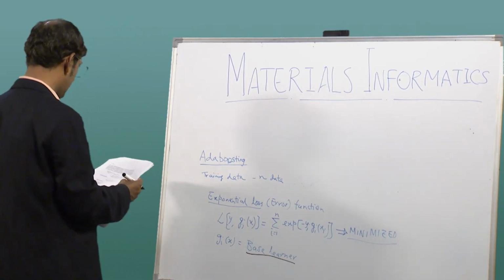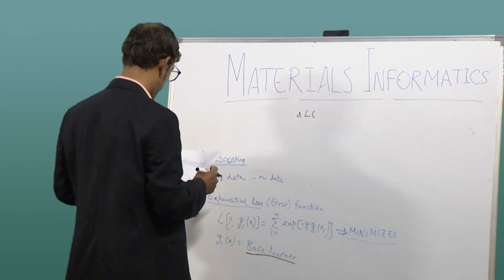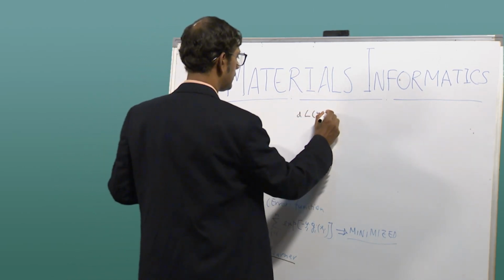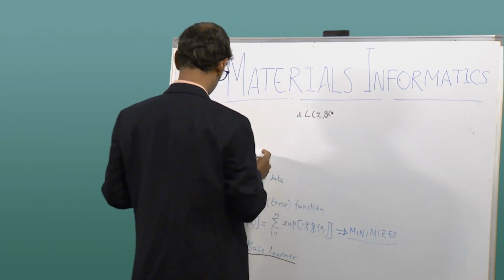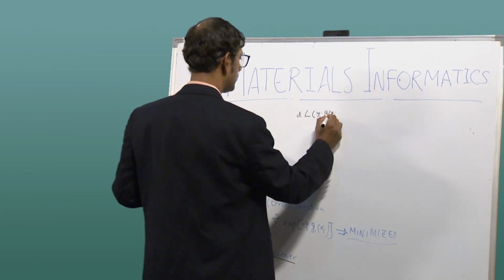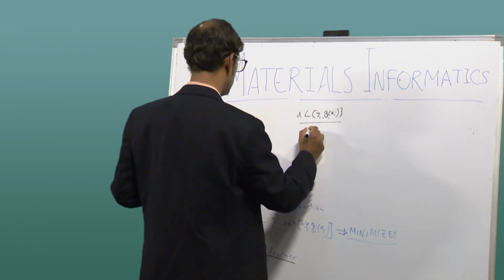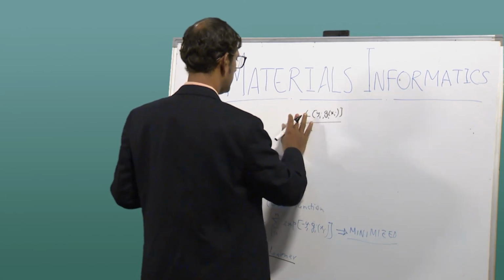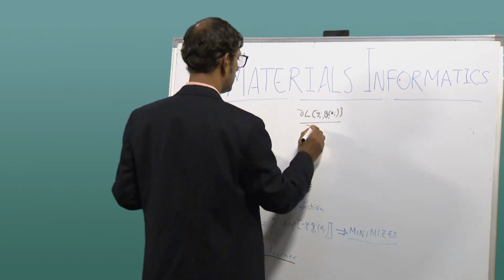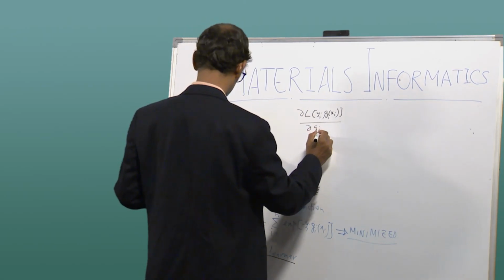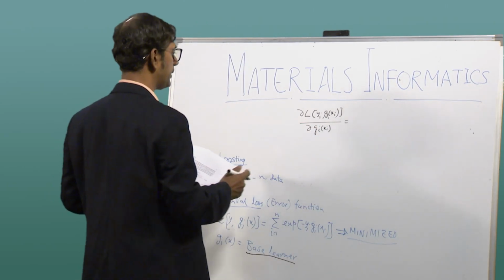In order to minimize the error, we just take the derivative, so better write del. If you take the derivative of that, what do you get?